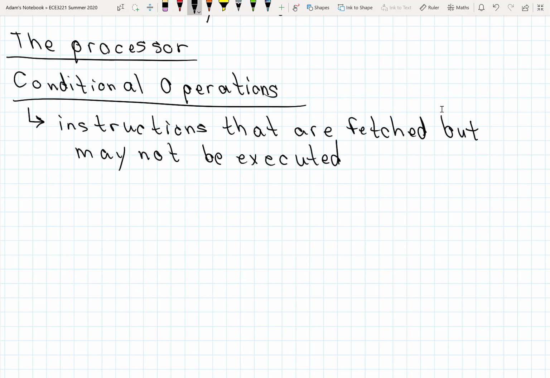And this gives us a lot of power, because now suddenly there's decision-making capabilities within our program. Those decisions are made based on a condition, and hence the name conditional operation.